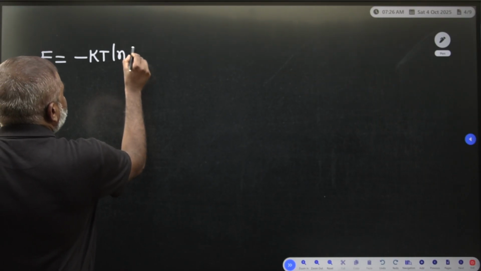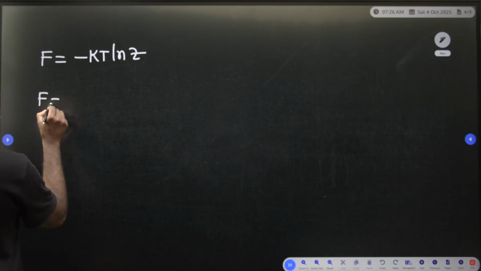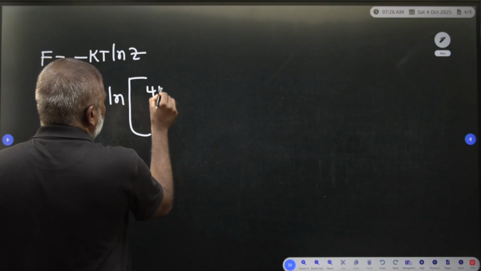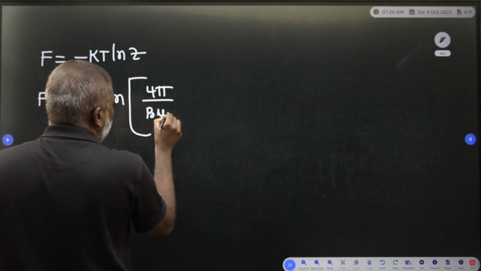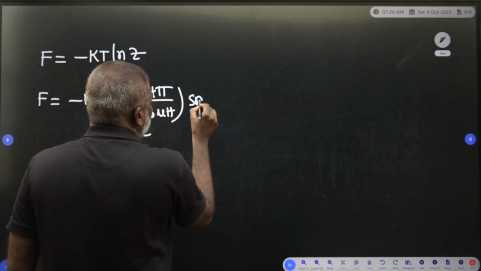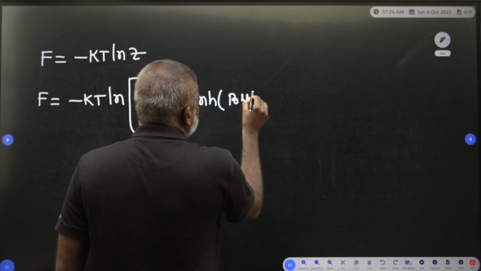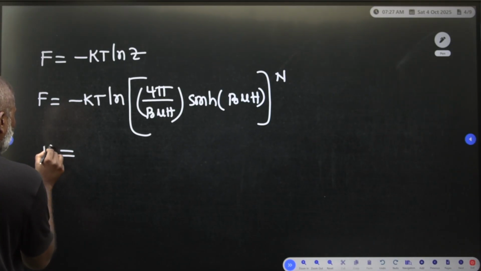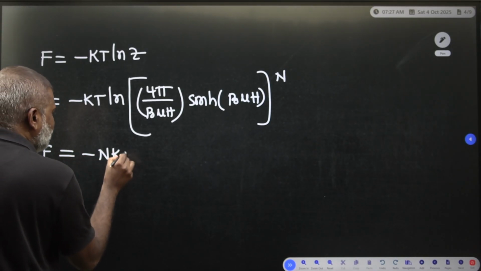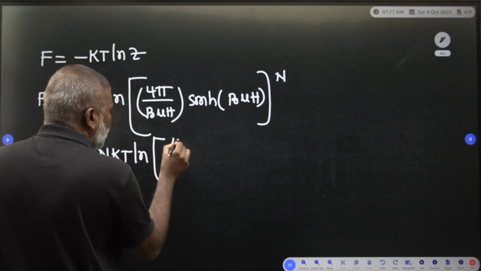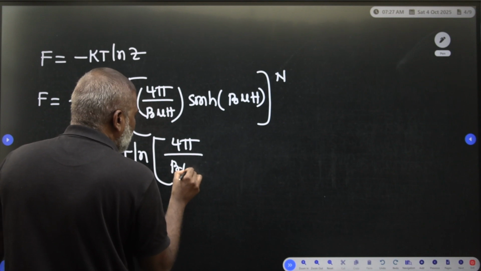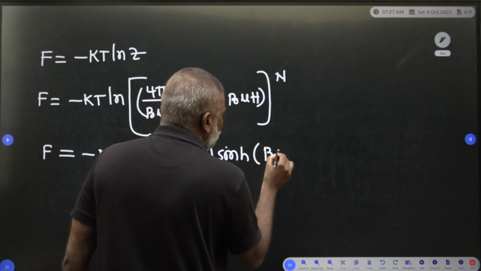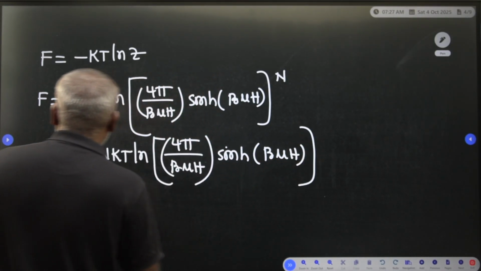F = -kT ln Z, where Z = (4π / βμH × sinh(βμH))^N. Therefore the Helmholtz free energy is F = -NkT ln(4π / βμH × sinh(βμH)). This is your Helmholtz free energy.